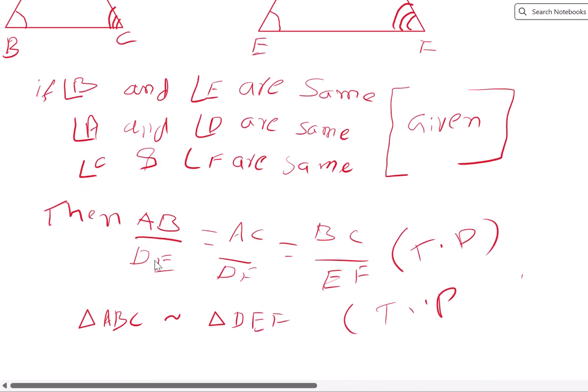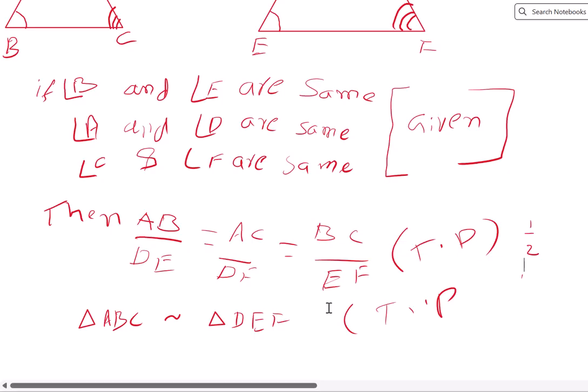The sides AB upon DE, that means the ratio of AB to DE, AC upon DF, and BC upon EF, the ratios have to be the same. That means if the AB by DE ratio is 1/2, then all three also have to be 1/2.